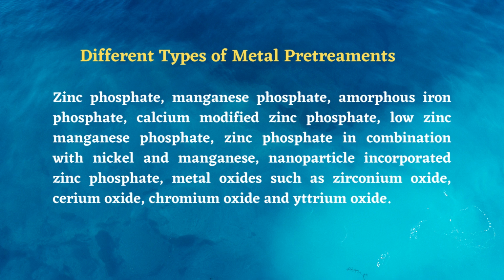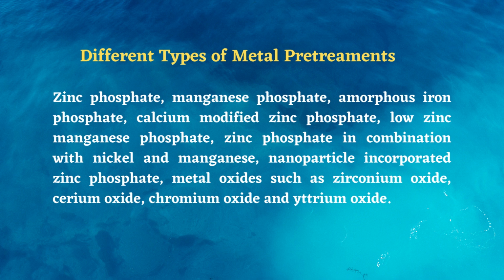Besides, various combinations of chemical conversion coatings have been reported, namely coatings based on zinc phosphate, manganese phosphate, amorphous iron phosphate, calcium modified zinc phosphate, low zinc manganese phosphate, zinc phosphate in combination with nickel and manganese. So that is called a trication phosphate. Then nanoparticle incorporated zinc phosphate, metal oxides such as zirconium oxide, cerium oxide, chromium oxide and yttrium oxide.